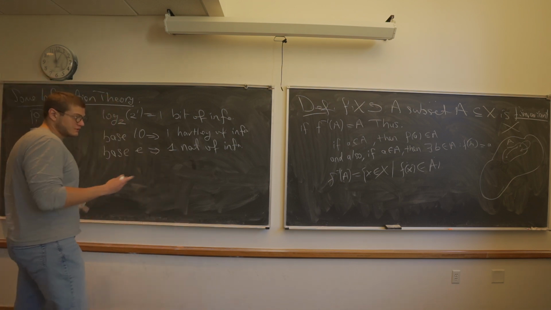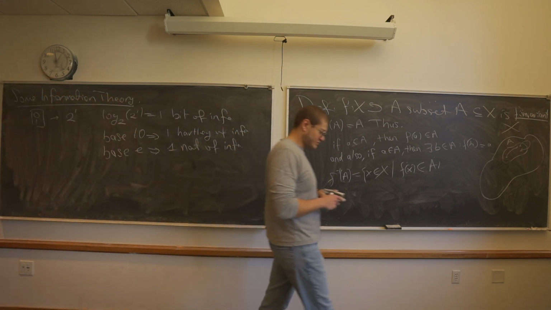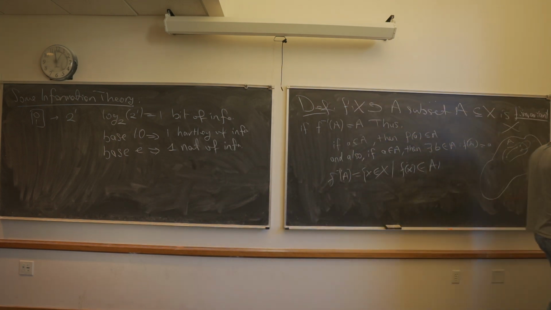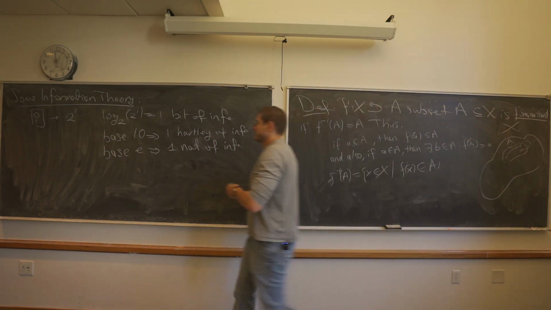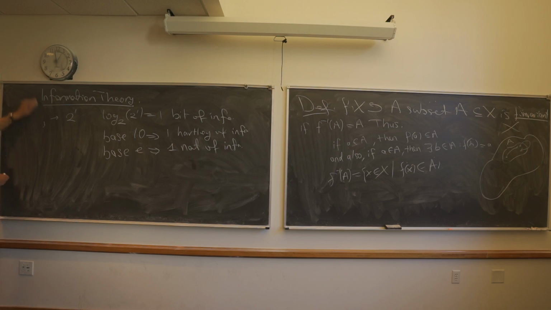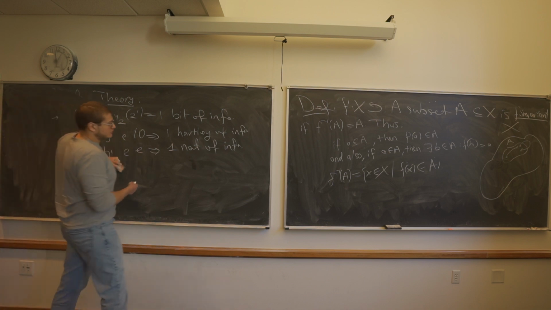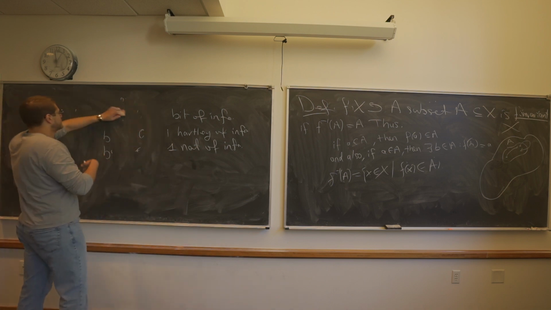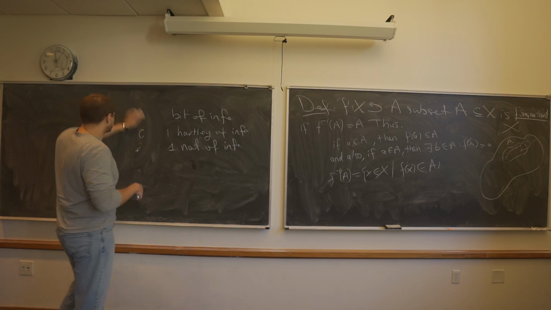Now, we can define what it means for something to be a subshift instead of just a shift. Any closed shift invariant subset of the sequence space is called a subshift.